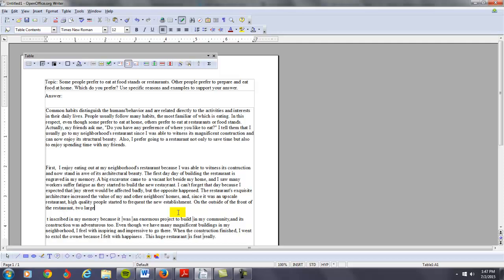Let's say two large. So on the outside of the front of the restaurant, two large brick columns.